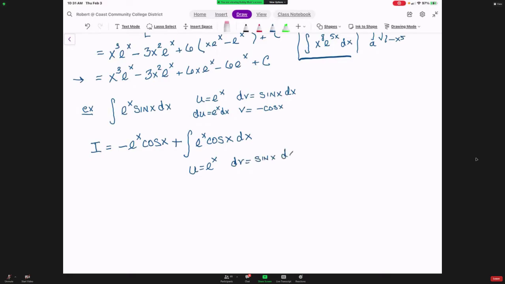Whoops, looking at the wrong thing. Cosine x dx. So du is e to the x dx, and v is going to be the sine of x.